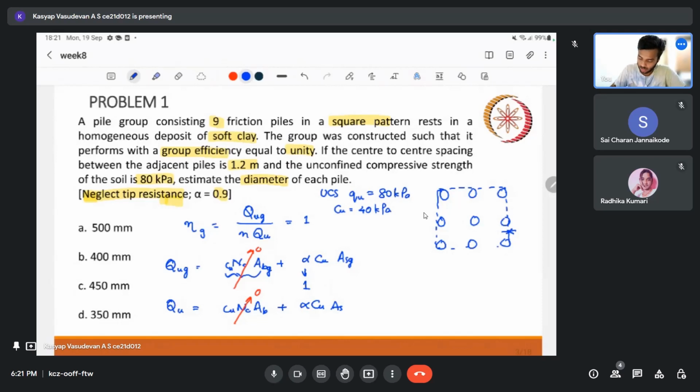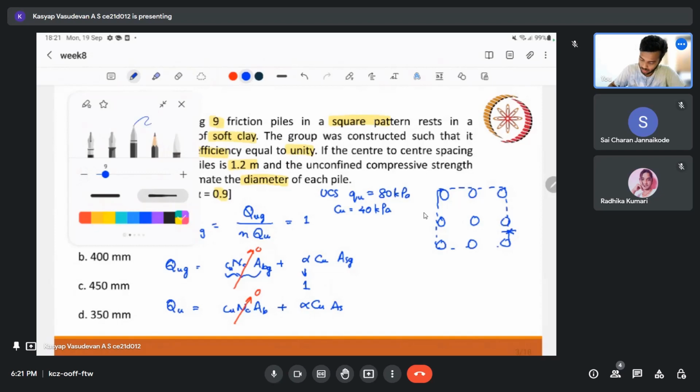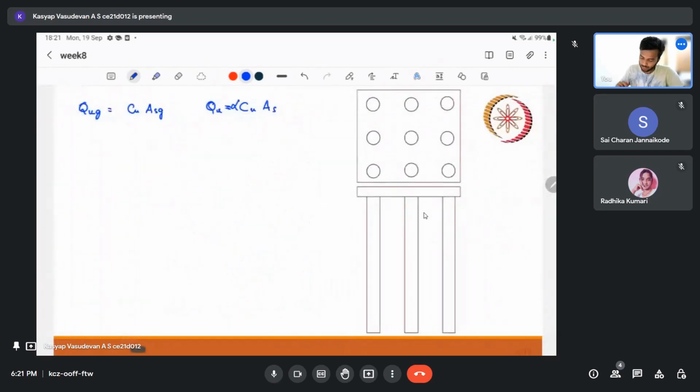Now, we know the efficiency is 1, so 1 is equal to QUG by N into QU. So our QUG is equal to cohesion CU ASG, by N, where N is 9, into alpha CU AS. This AS is just for one pile.